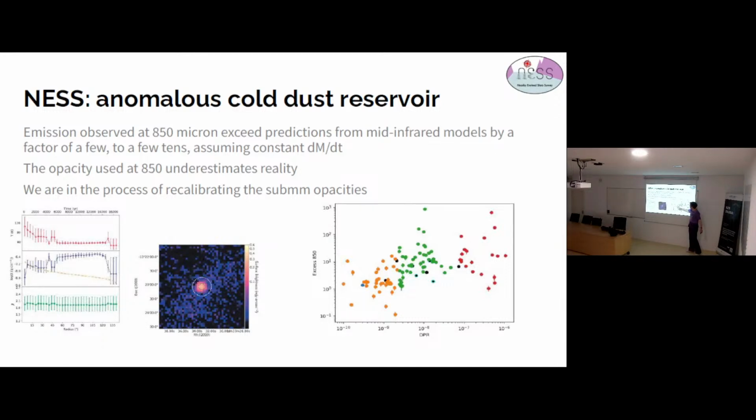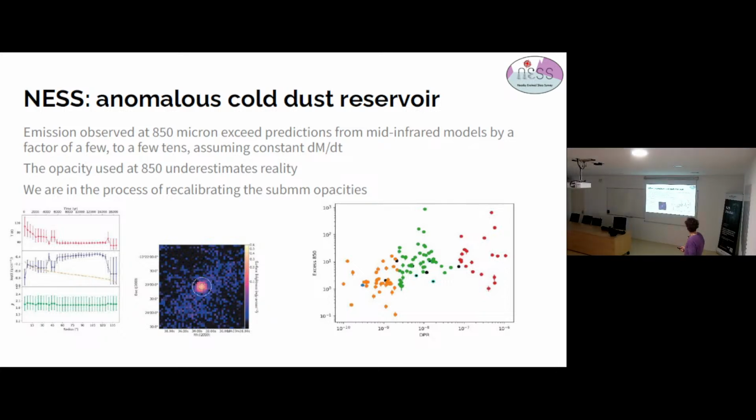There's only a few objects that lie behind this ratio 1 line. So we have a systematic under-prediction of what is really happening. And this is true across the entire range of dust production rates, especially at the higher dust production rates.